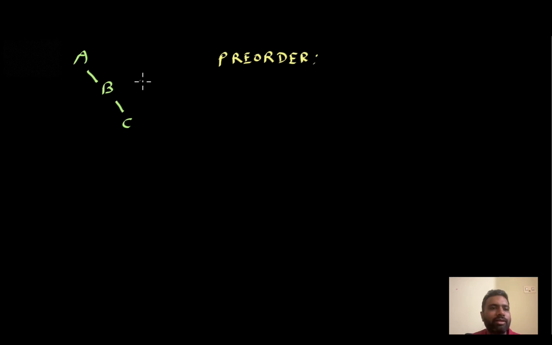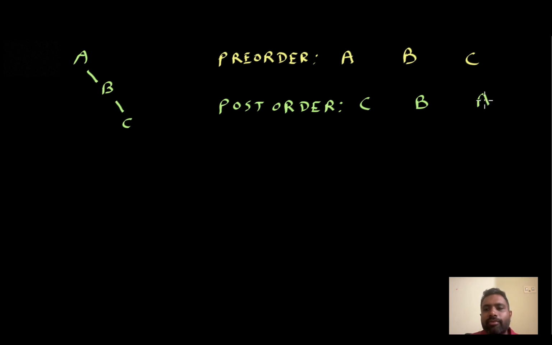Pre-order traversal will be first the root, then left child, then right child. So A, B and C. Please verify this is a pre-order traversal. Please write the post-order. What will be the post-order traversal? The last will be C, then you will explore B, and then you will explore A.